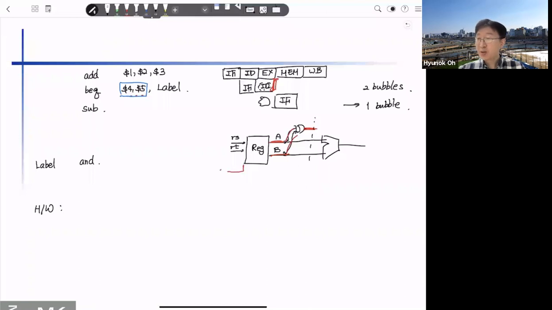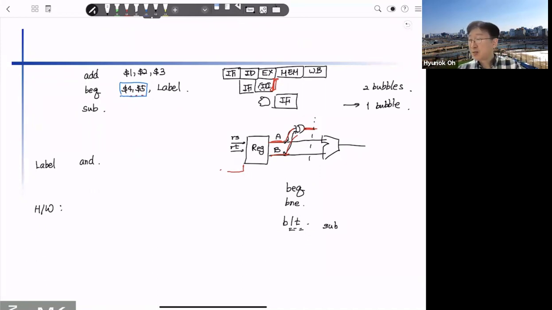Actually, that's the reason why we have only branch equal and branch not equal instructions, because a branch like less than means it has to do subtraction, right? Comparing whether this is small or this is large, like a subtraction, takes much more time than just an equality check.